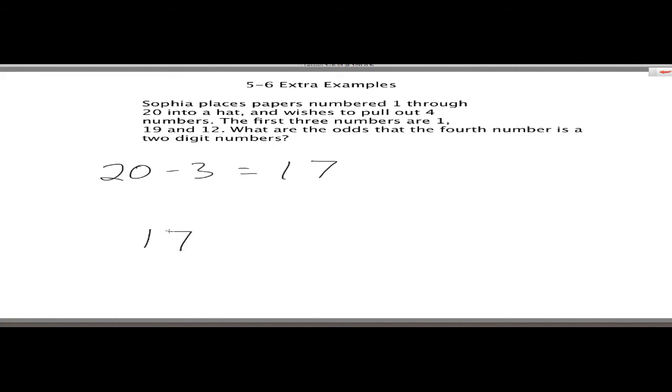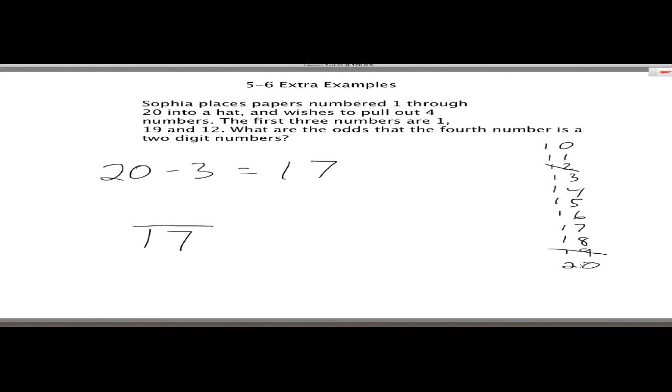Now I need to know how many 2-digit numbers are left. Well, out of the ones that I had that were 2-digit numbers, there was 10, 11, 12, 13, 14, 15, 16, 17, 18, 19, and 20. And I drew 19, I drew 12, and how many are left at this point?